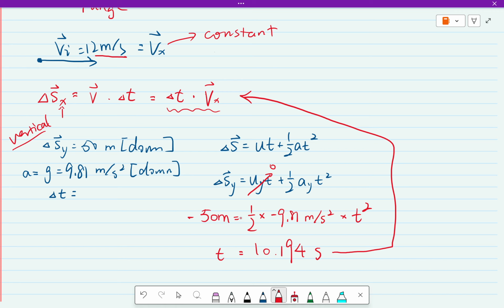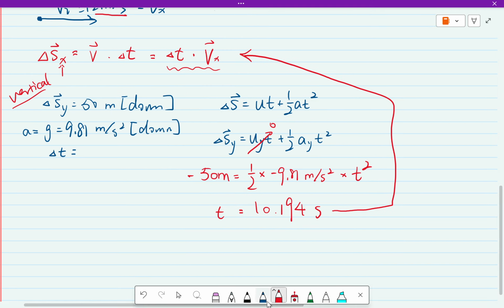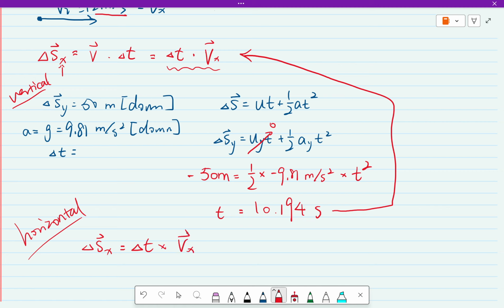Now we can use this value and substitute it back into this formula to help us solve the question. So we will go back to the horizontal dimension's perspective. The horizontal displacement, which is the range, equals delta t times the horizontal initial velocity, or because it's constant, just the horizontal velocity, which is 10.194 seconds times 12 meters per second.